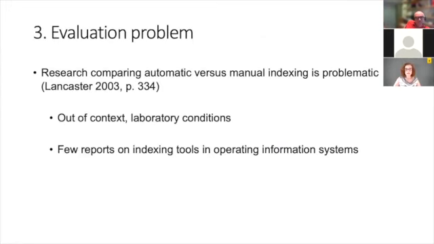But this also brings us to the problem that we already mentioned, and that's connected to evaluation. Research comparing automated versus manual indexing is problematic. This was said 20 years ago or so, but it's still the case because most research is still conducted out of context in laboratory conditions, as we have seen with the example of text categorization, which still conducts most of its research using these text collections.